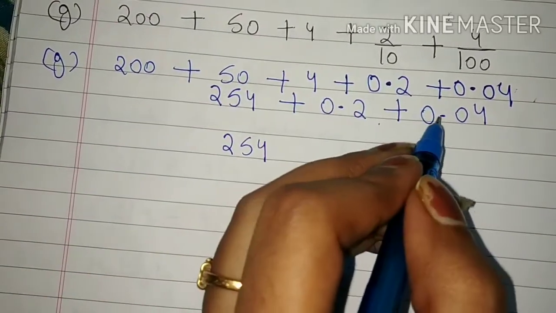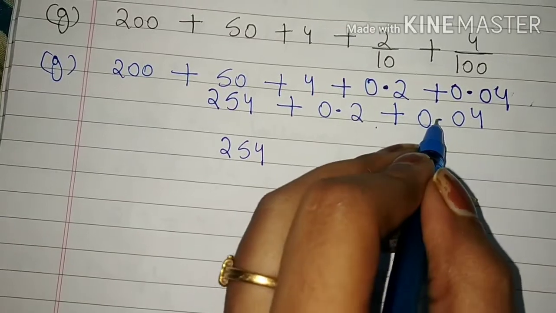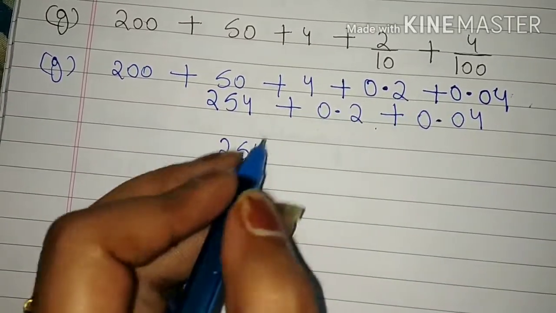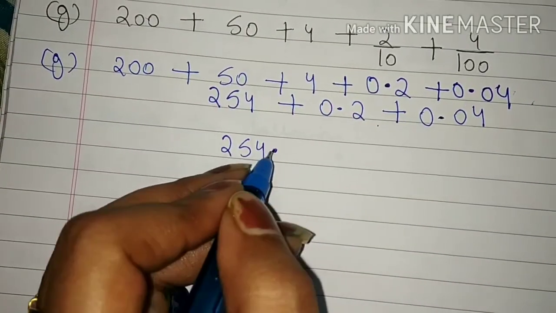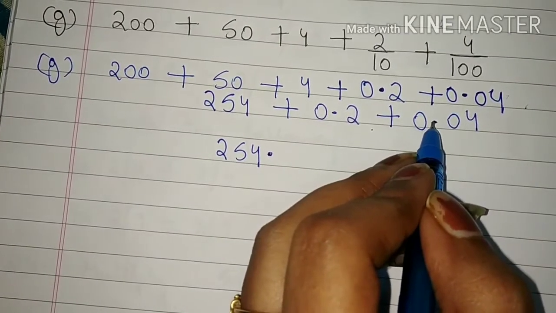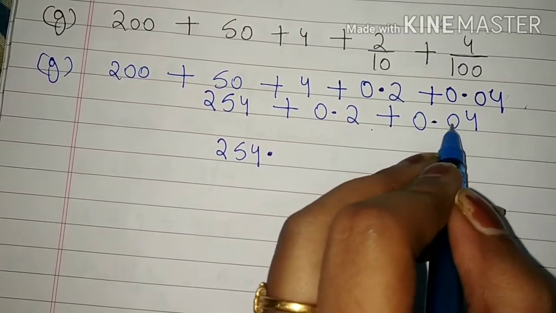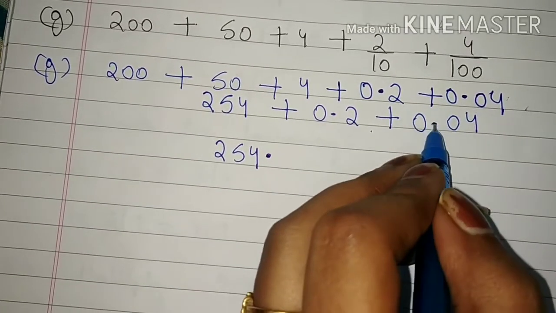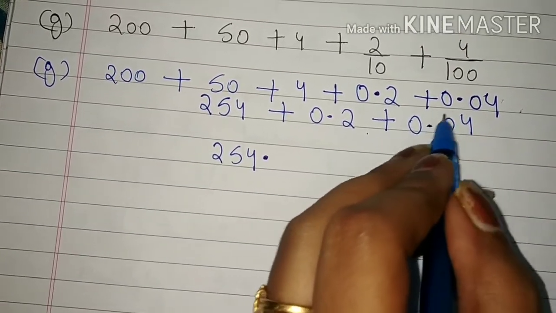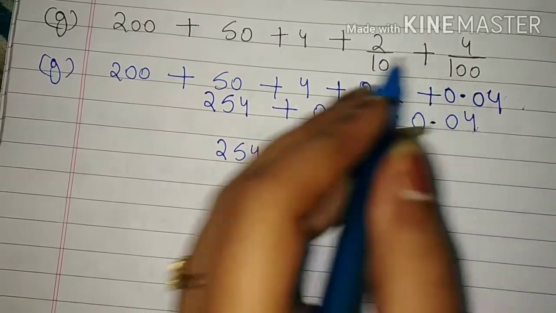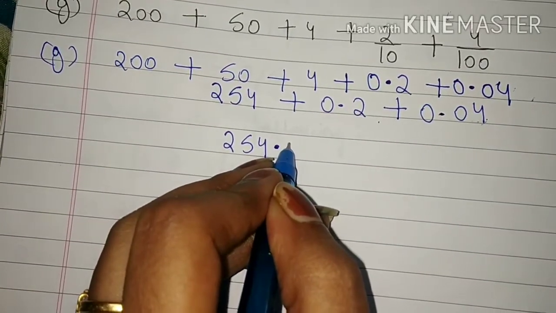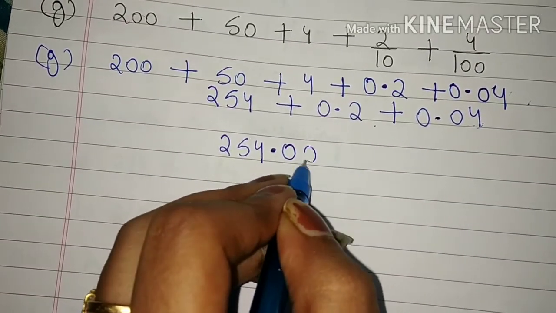Now students, you can see this number has a decimal point, so we will put a decimal point here also. Students, you can see here after a decimal point, 2 numbers are given to you: 1, 2. So here we will write 2 times 0.